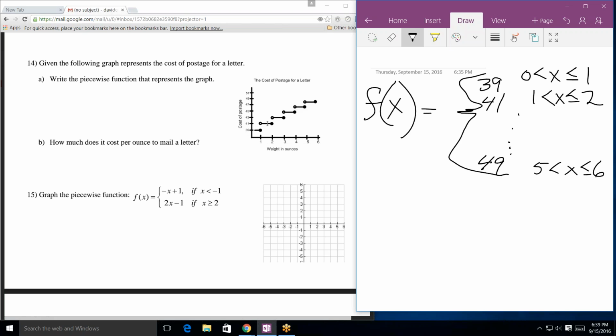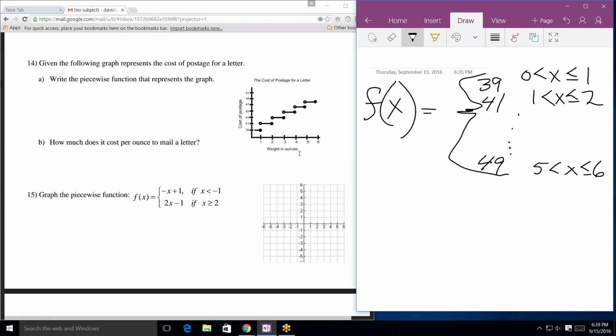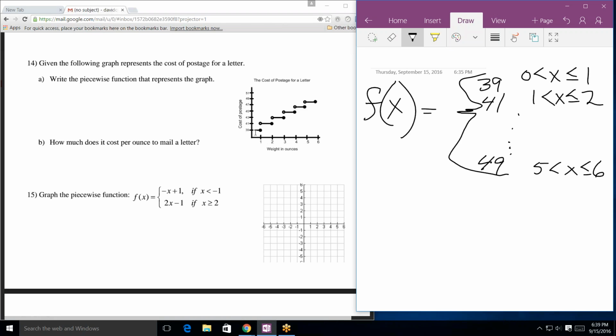2 ounces is only 41 cents. 1 ounce is 39 cents. So how much per ounce? It depends on how many ounces there are. If there's only 1 ounce, then it's 39 cents per ounce. If there's exactly 2 ounces, then it's half of 41, 20.5 cents per ounce.